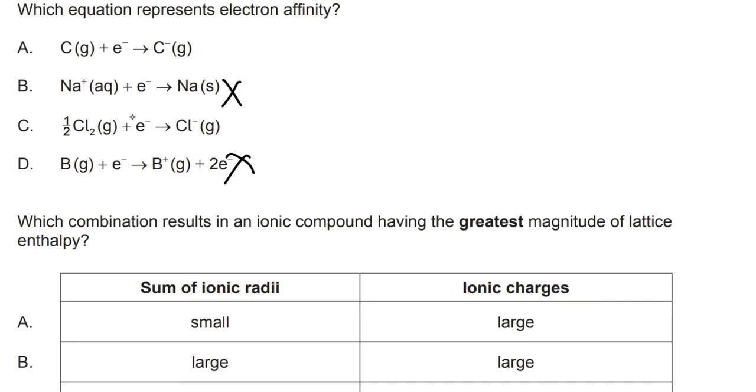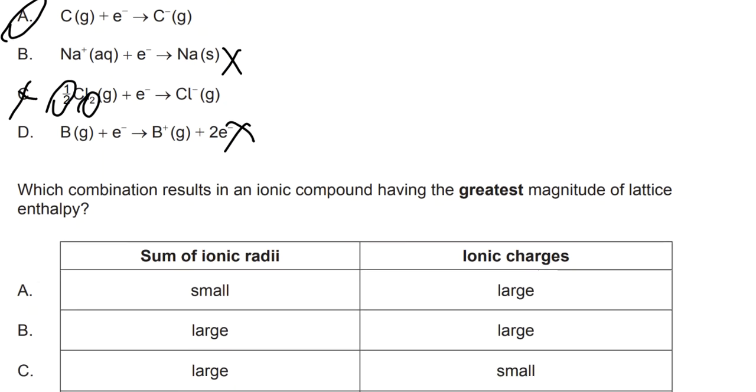So they're both correct in terms of becoming negative. But given we have a molecular chlorine here with two, I don't think that's correct. I think I'm gonna go with A for this one, because in the electron affinity definition, you need a mole of a substance or mole of an element to gain electrons.